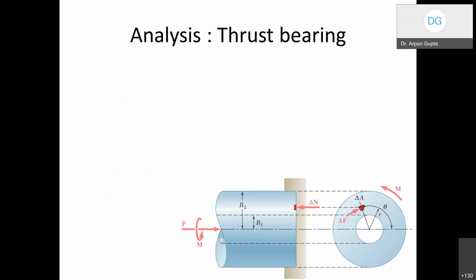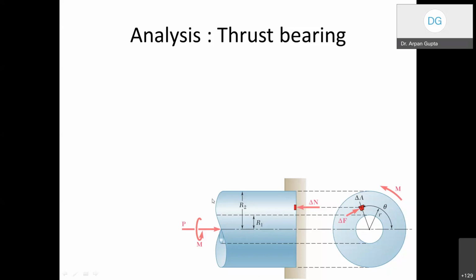Now, to do an analysis for thrust bearing, let us consider the following geometry here. So if I have a load P acting axially, and we want to calculate what moment M should be applied so that it supports this load P, and at the same time rotates at constant angular velocity.